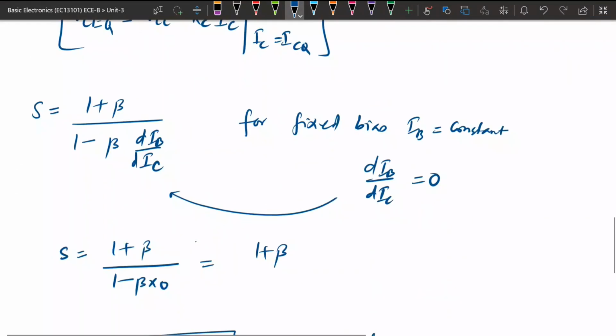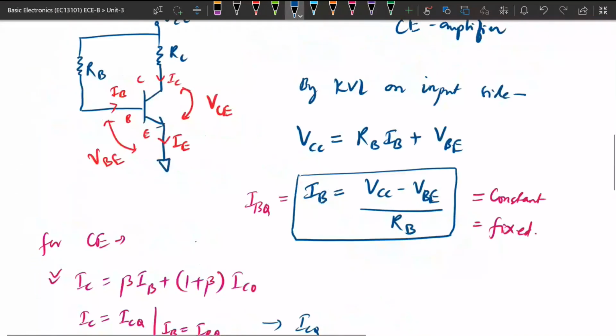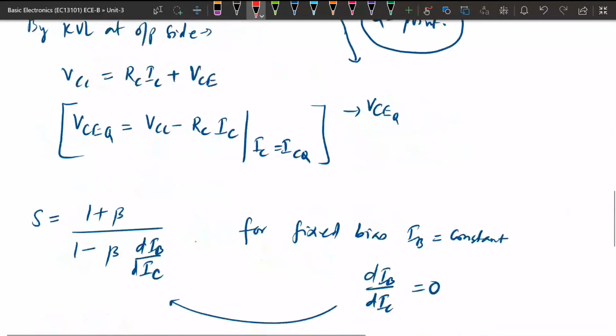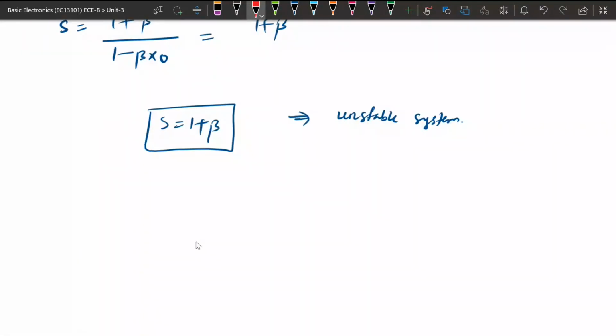So from here we can see that for a stable system this should be the condition, but the S value is 1 plus beta, so it is providing an unstable system.